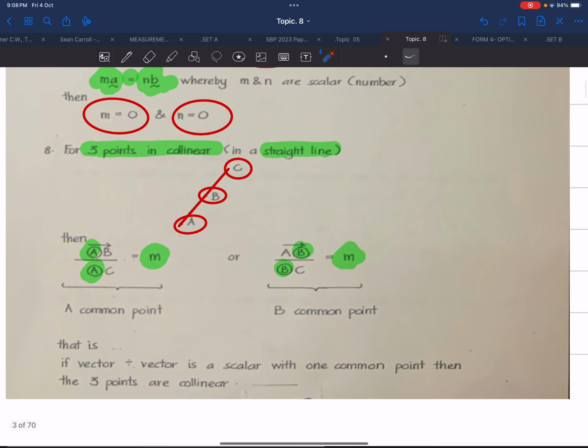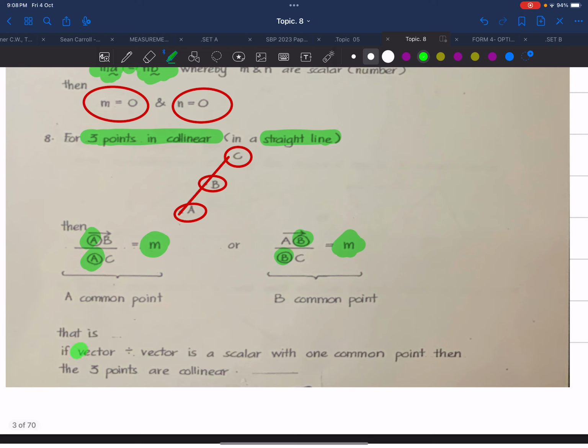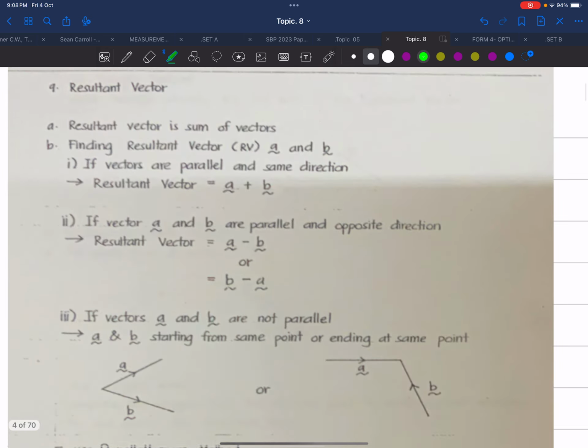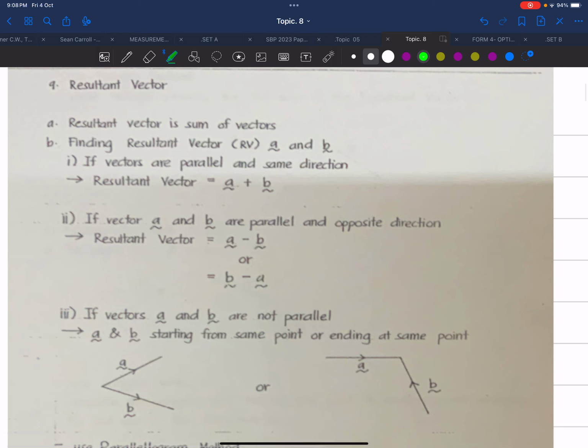Vector divide by vector is a scalar number with one common point. So if you have vector divide by vector is a scalar with one common point, then the conclusion, the 3 points must be collinear.